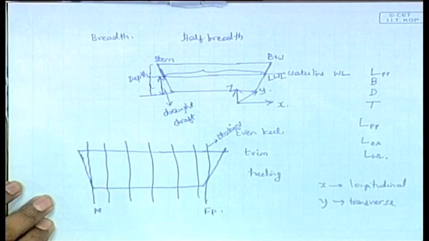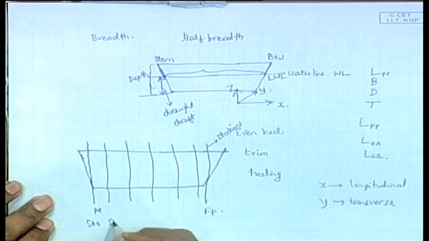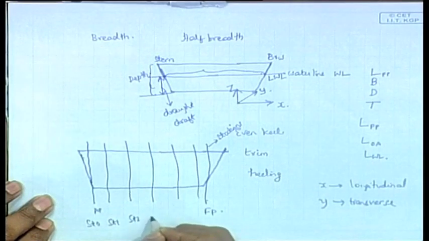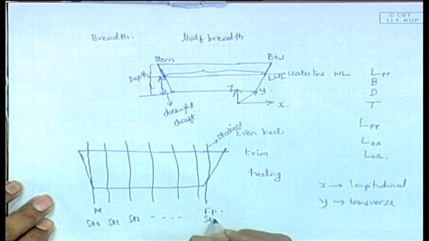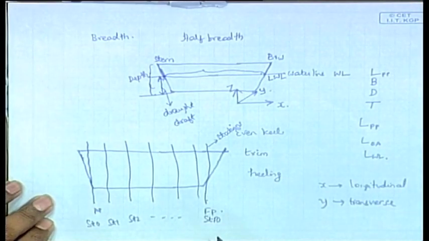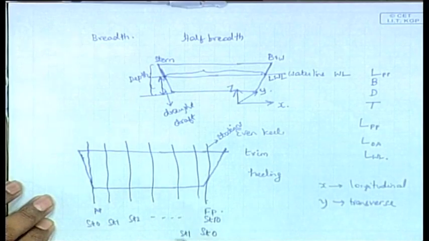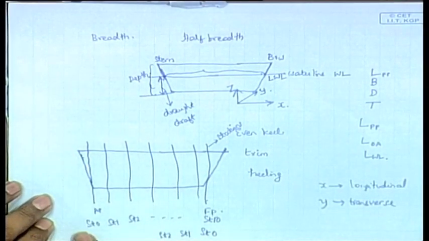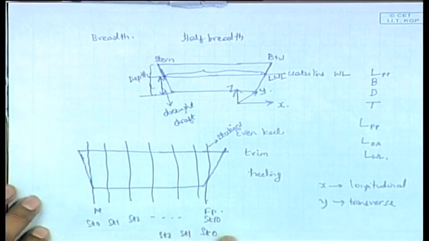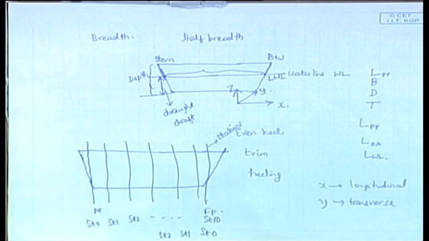Now, you can number it in different ways. You can call this station 0, station 1, station 2, like this, up to station 10 probably, or you can number it from this side, station 0, station 1, station 2. In general you see it numbered in this fashion, but some drawings will show it the other way, from the right side going to the left.